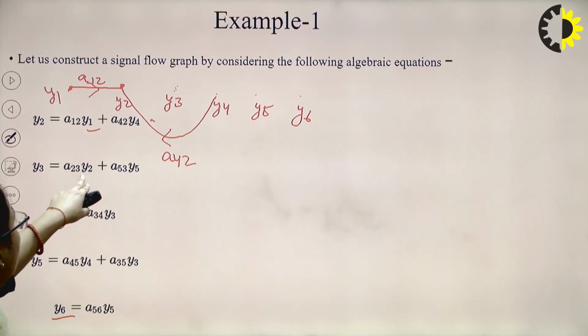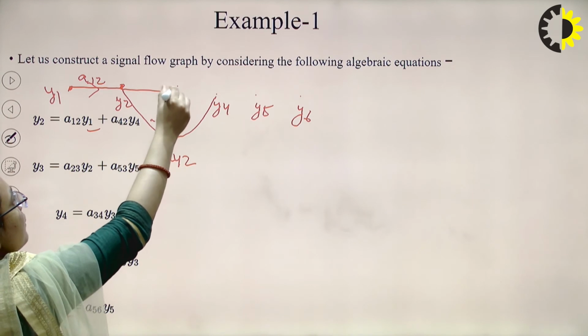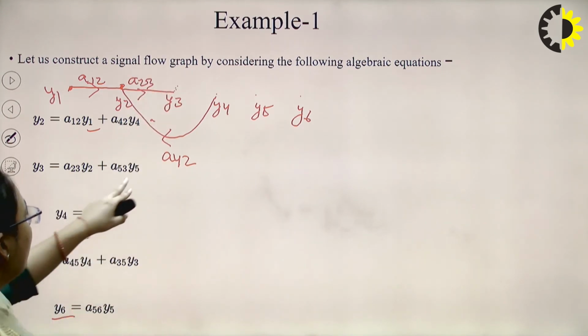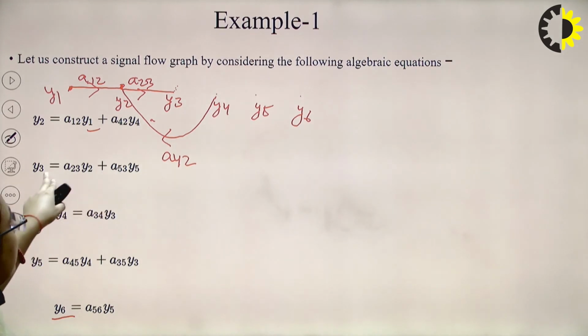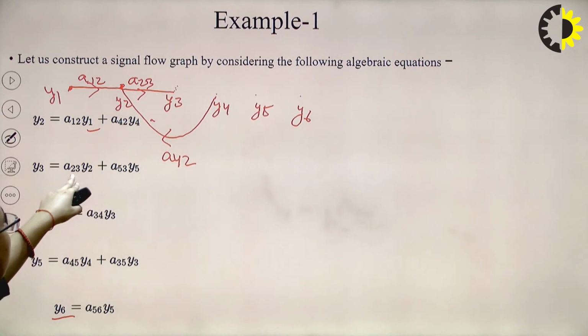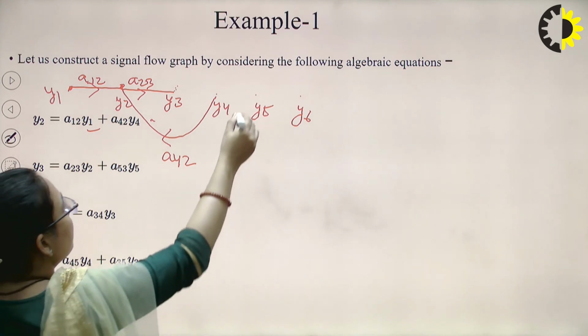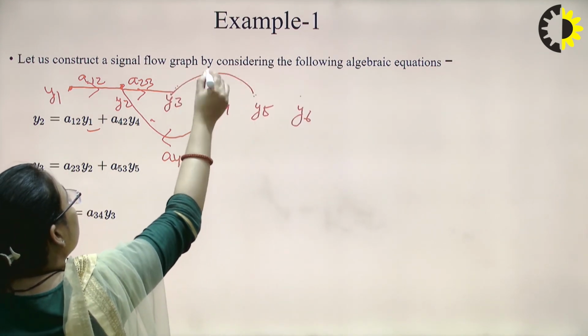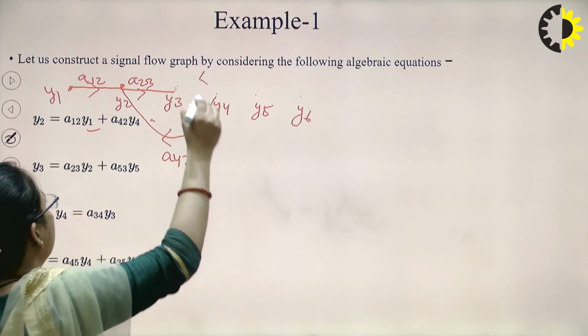So from y2 we can draw this, and this will be a23. Now y5 is connected to y3 with the gain a53.